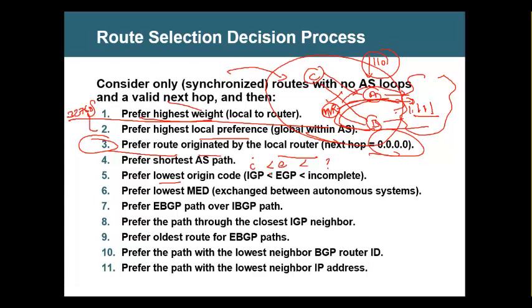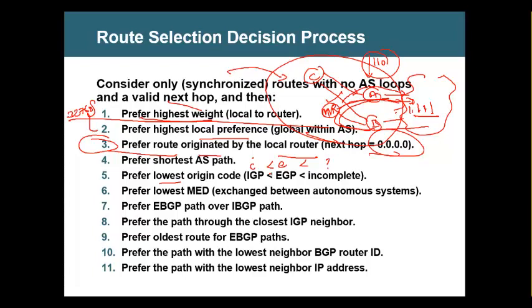I is preferred over E, as I told you earlier. Once upon a time, we had a protocol called EGP, the older version of BGP. So if you don't have I, it will check whether you have E so that it can prefer E rather than going with question mark.